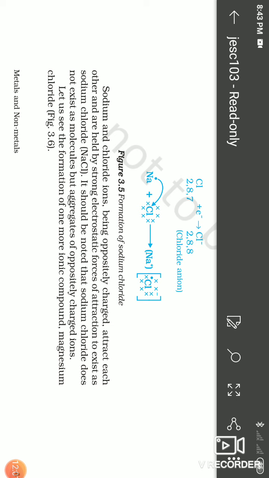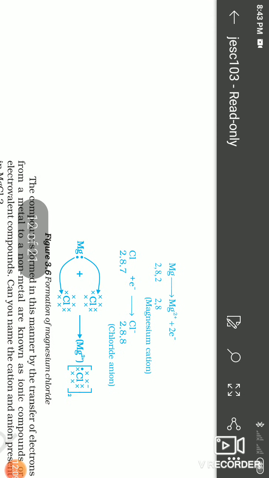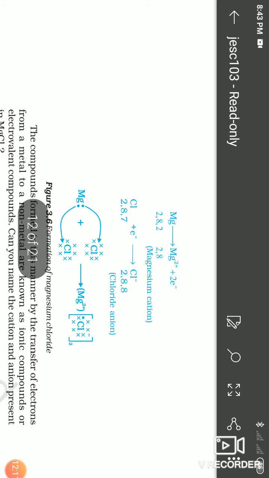Like here, magnesium chloride, potassium chloride, and so on. In magnesium chloride, the electronic configuration of magnesium is 2, 8, 2. Magnesium donates two electrons and acquires two positive charges, forming the magnesium cation.